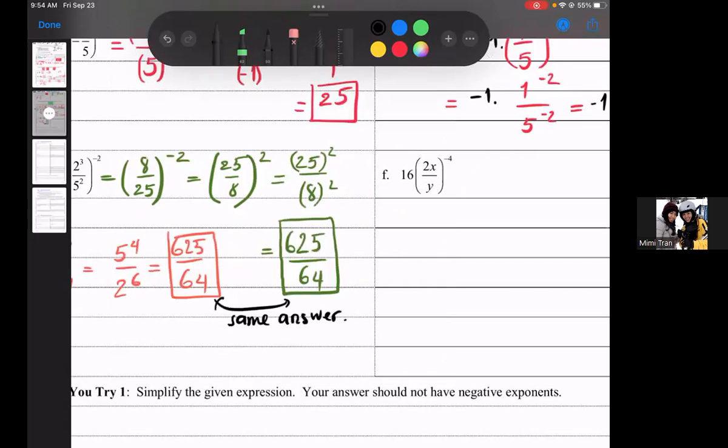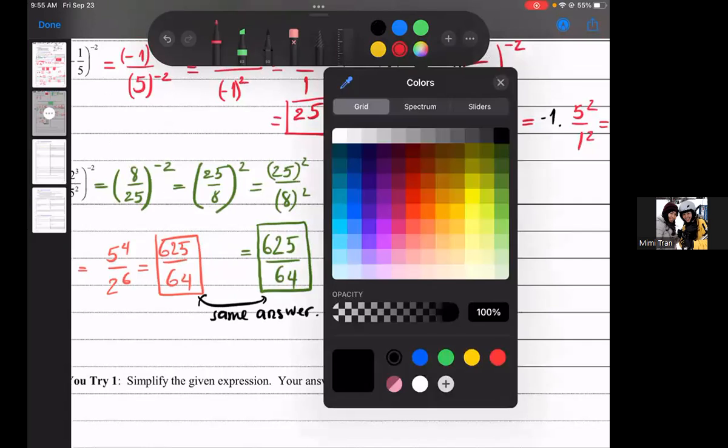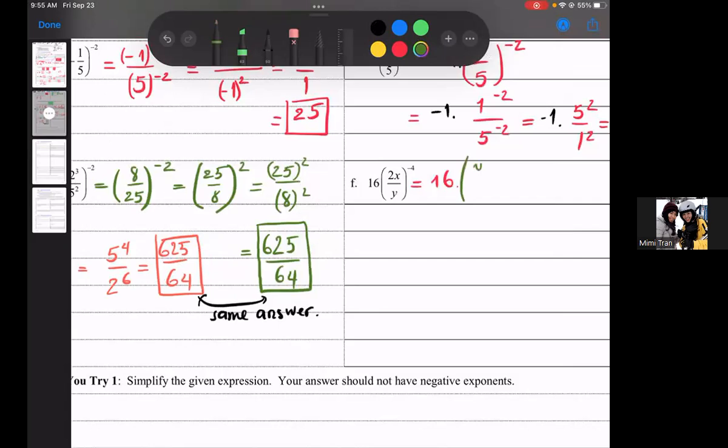Last one, and then what do you try? Is 16 being flipped? No, right? It's outside the parentheses, so you just rewrite it. So 16 times, can I do this to the 4?